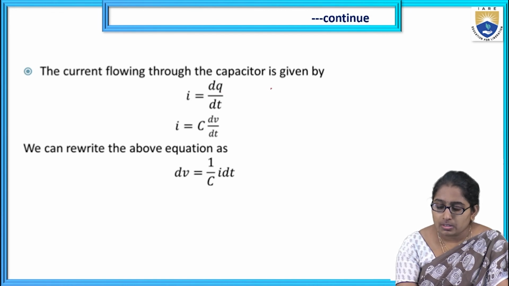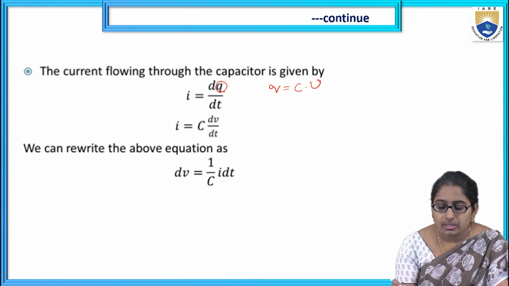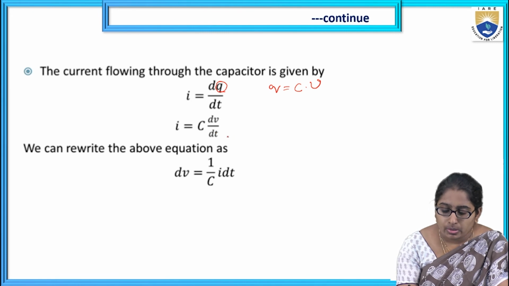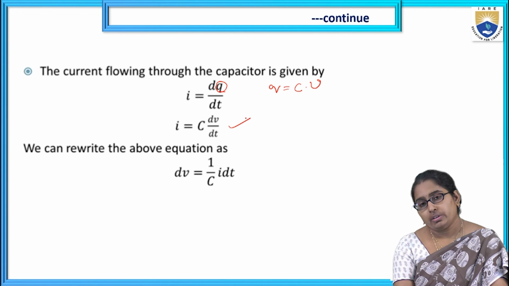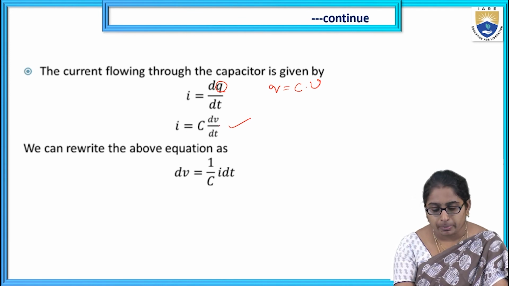We know that q is equal to C into V, right? So substituting for q, it becomes C into dV by dt. So from this we obtained what we wanted, the voltage-current relationship.